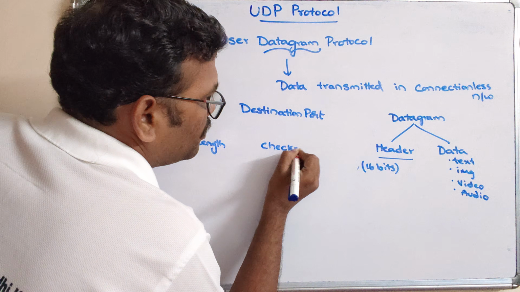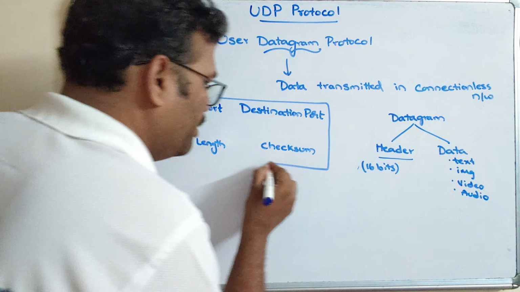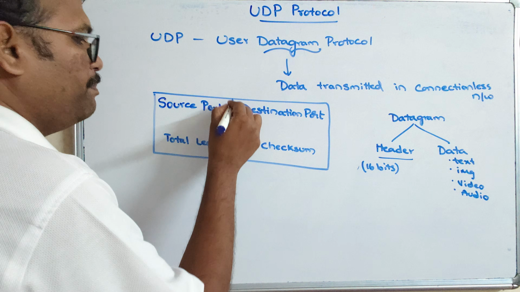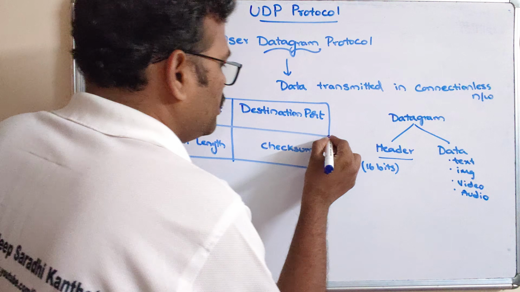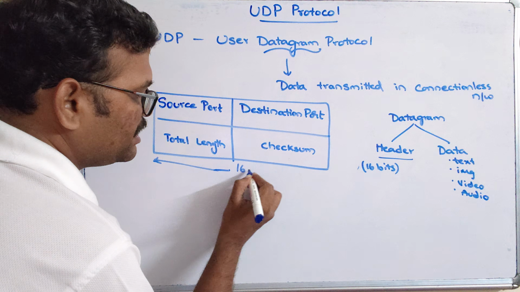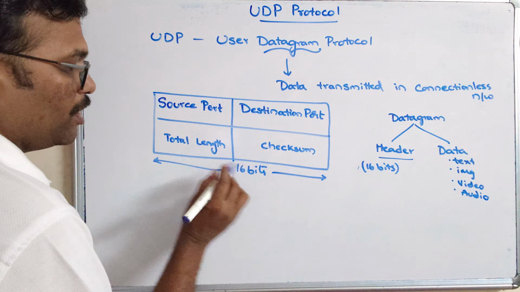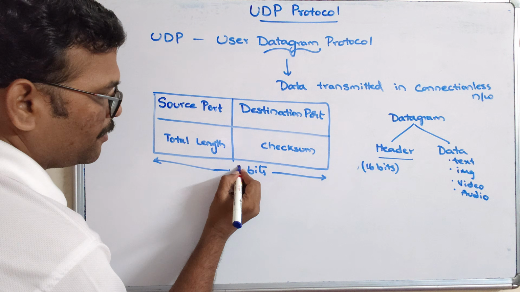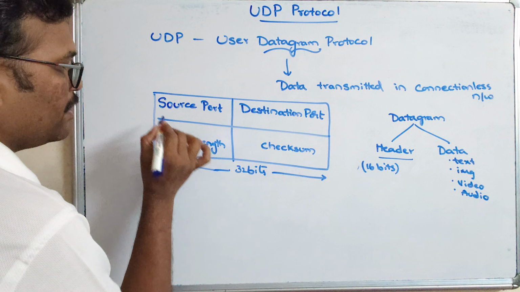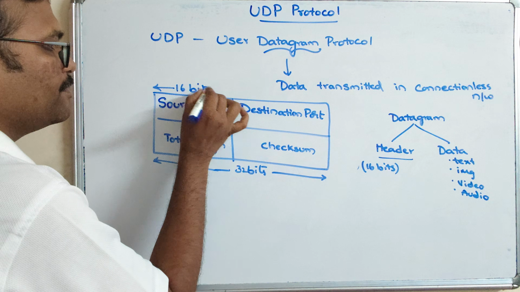So this is a header format of UDP, or you can say the UDP header format. So the total length is 32 bits, and the individual length is 16 bits each.